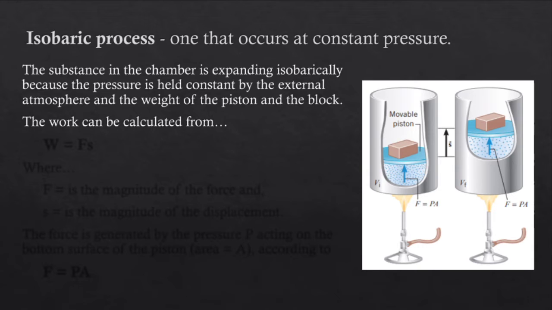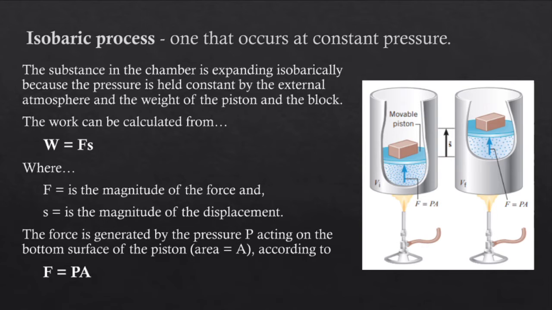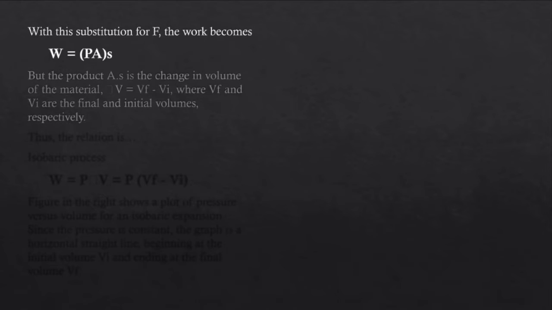The work can be calculated from W is equal to Fs, where F is the magnitude of the force and s is the magnitude of the displacement. The force is generated by the pressure P acting on the bottom surface of the piston area according to F is equal to PA. With this substitution for F, the work becomes W is equal to PA times s.